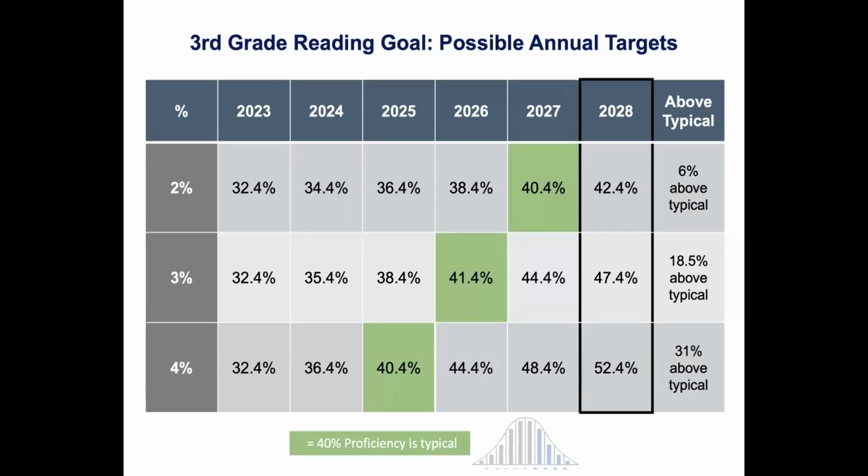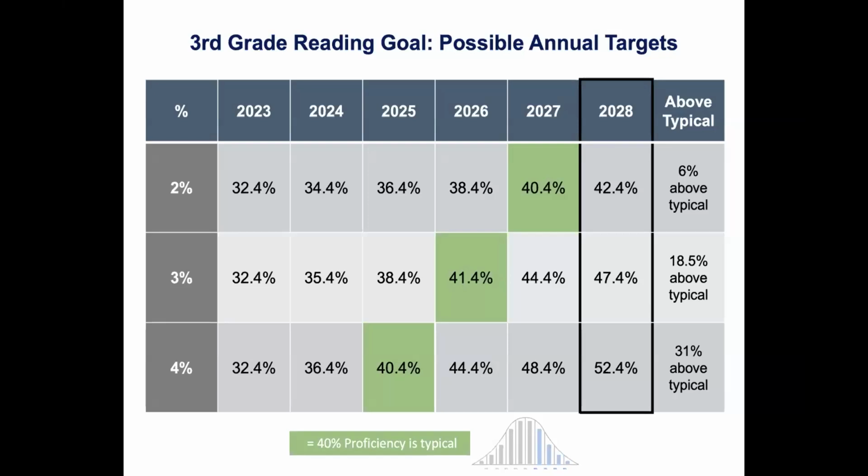Rather than have a flat 2, 3, or 4%, I think that we could target 14% total growth by 2028, broken down into plus 1% for 2024, plus 2% for 2025, plus 3% for 2026, plus 4% for 2027, and plus 4% for 2028. So it's a rate of change that I anticipate seeing increase over time.